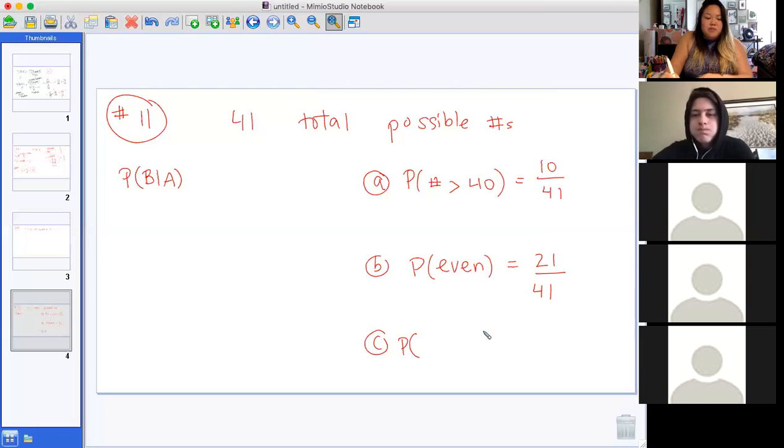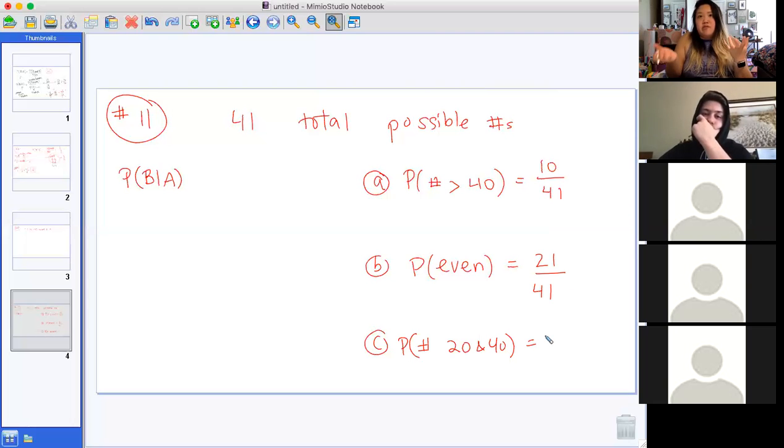And then the probability that the number is between 20 and 40. So how many numbers are between 20 and 40? This one is going to be 40 minus 20, but then we have to subtract 1 because we're not counting 20 or 40.